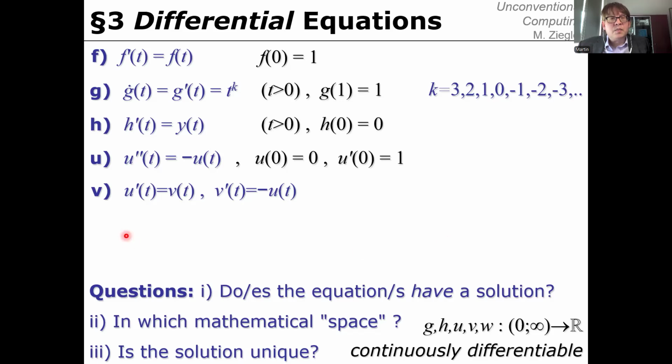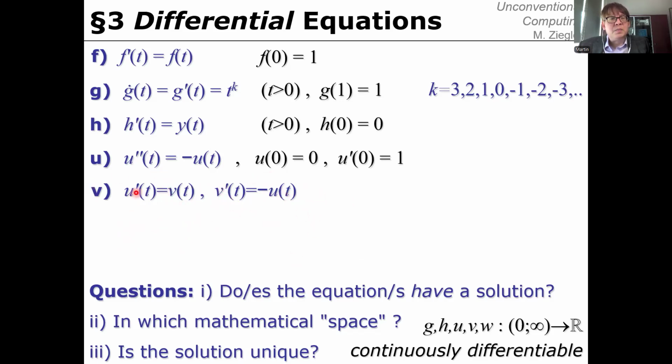Well, yes. Let's try u equal to sine, and v equal to cosine. Then the derivative of sine is equal to cosine. The derivative of cosine is equal to minus sine. So that's a solution. But also, starting with cosine and here minus sine is also a solution.